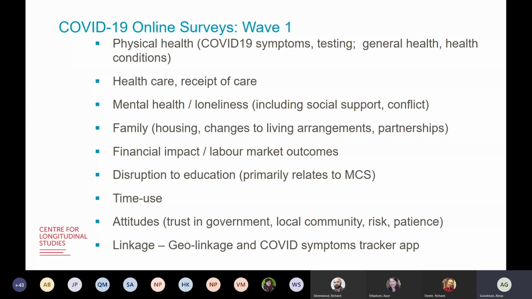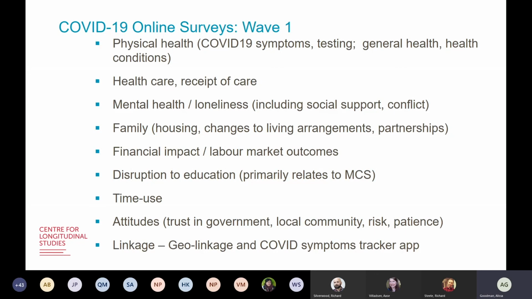So in terms of how we approached asking questions on these topics, we were very interested in people's circumstances at the point at which they were interviewed, so in May, and where we could, we also framed the questions to ask just before the coronavirus outbreak and during.